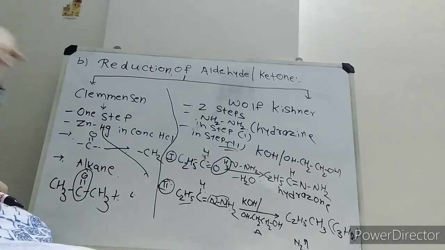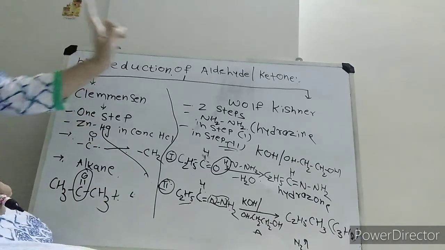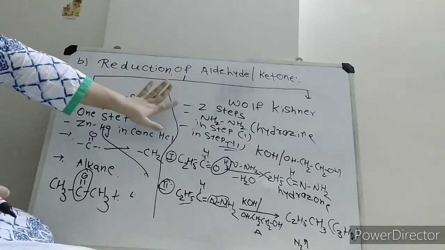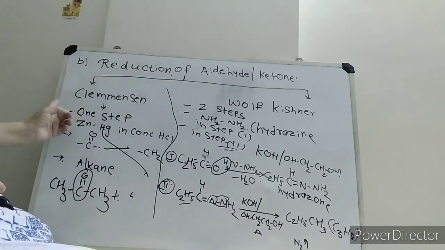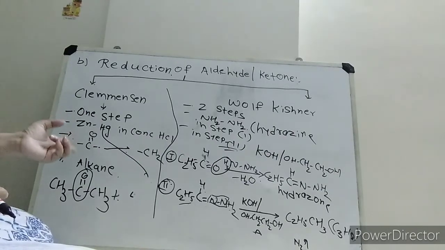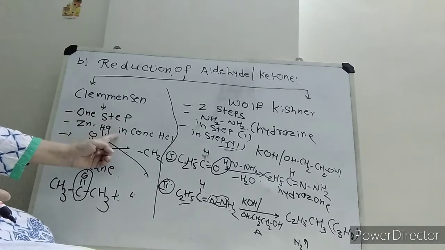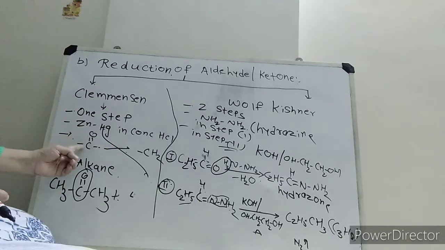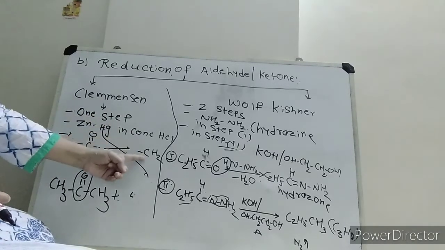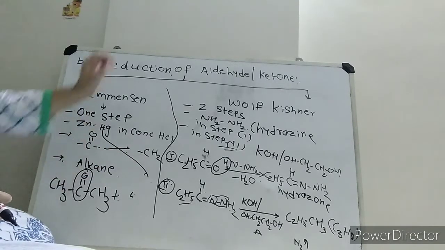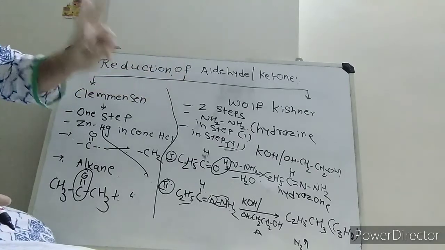Once again I repeat the differences between Clemmensen reduction and Wolff-Kishner. Clemmensen is a one-step reaction, while Wolff-Kishner is a two-step reaction. In Clemmensen reduction, we add hydrogen, the catalyst is zinc amalgam in concentrated HCl, and the carbonyl group changes to a methylene group to form the alkane. In Wolff-Kishner it is two steps.